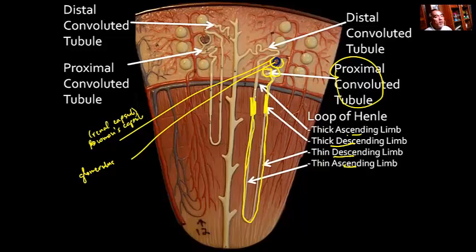Then from there it becomes your distal convoluted tubule, or your DCT. And remember, the DCT hugs the area close to the glomerulus called the afferent arteriole.